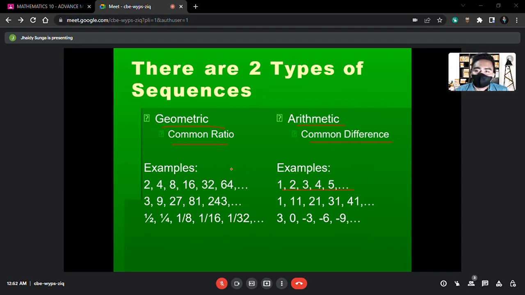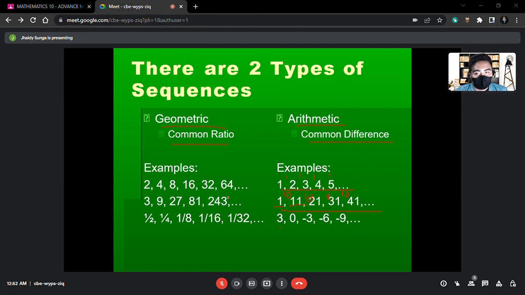In arithmetic it is increasing as we can see, and the common difference in this form would be 1, right? And in this form, it is increasing, the common difference would be positive, and the common difference would be 10, right? So a sub 2 minus a sub 1. So 10, 10, all right?